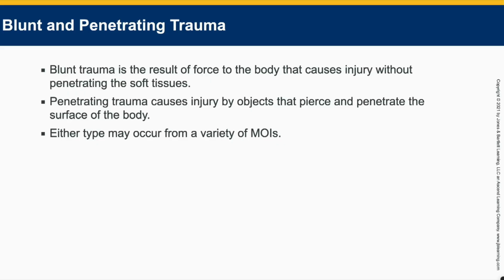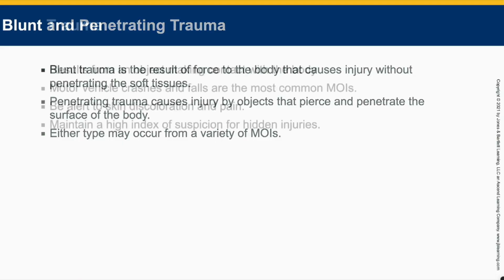On the other hand, penetrating trauma occurs when an object actually pierces the body, like a gunshot wound or stabbing. With these, the injury path can be more obvious, but you still have to think about what structures were damaged along that path. And remember, both blunt and penetrating trauma can happen from a variety of mechanisms. So again, it always comes back to asking yourself, what force was involved and what did it do to the body?